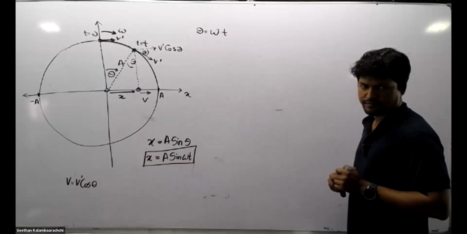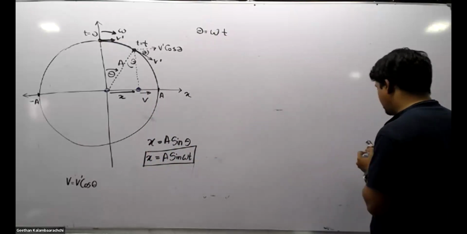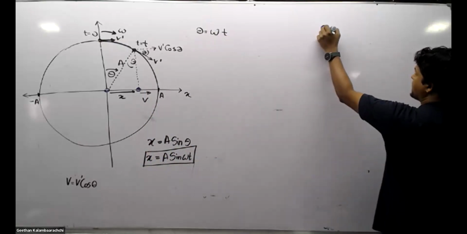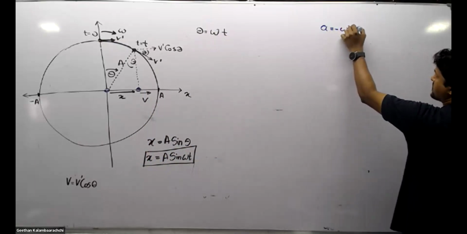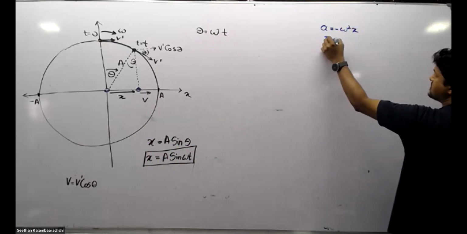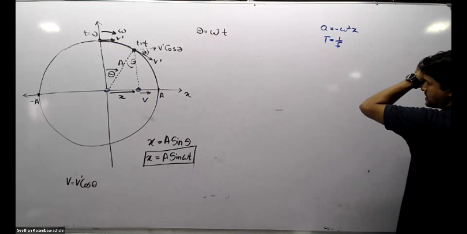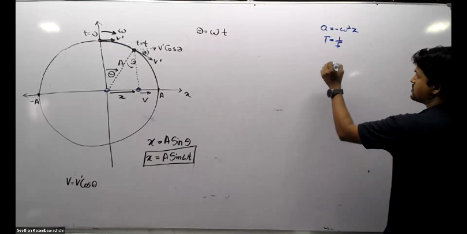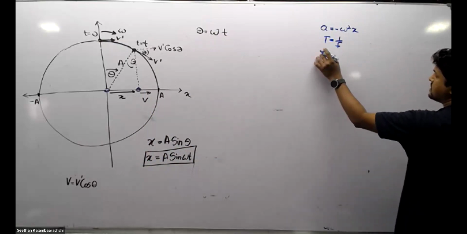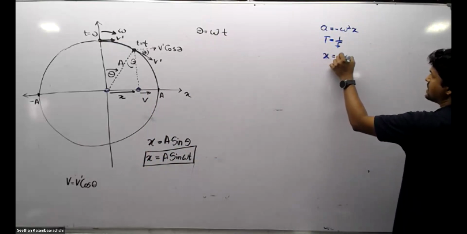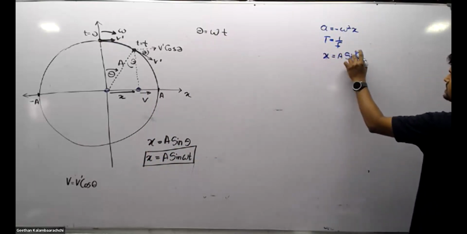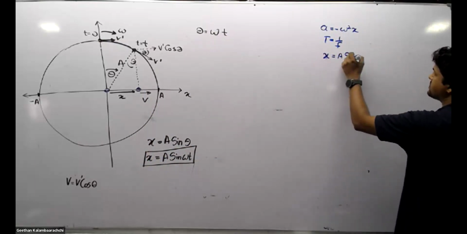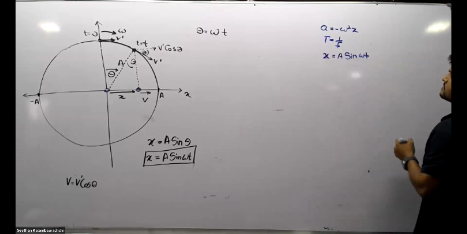The acceleration equals minus omega square x. Then we took the equation x equals A sin omega t. Right?